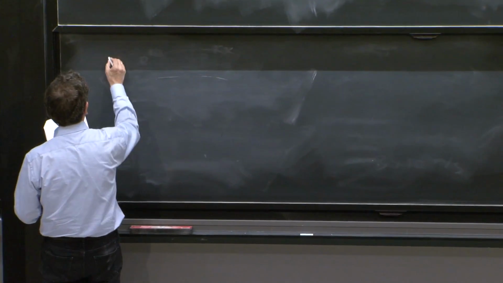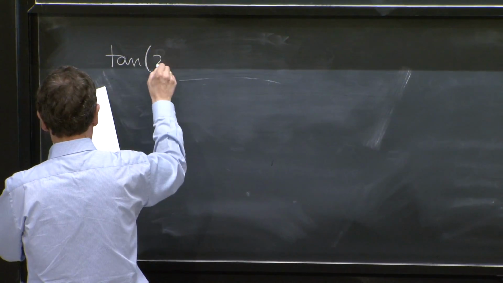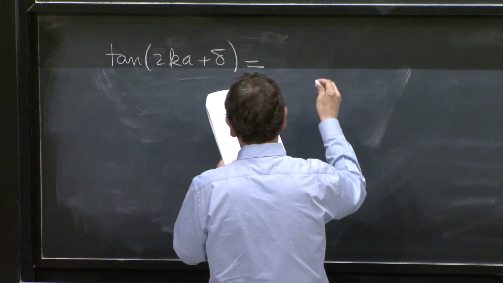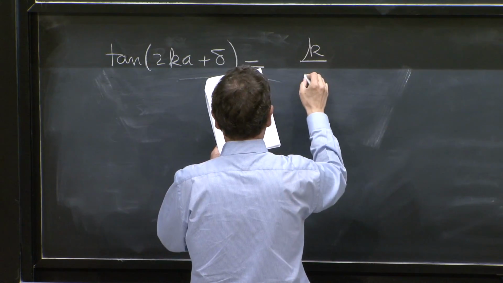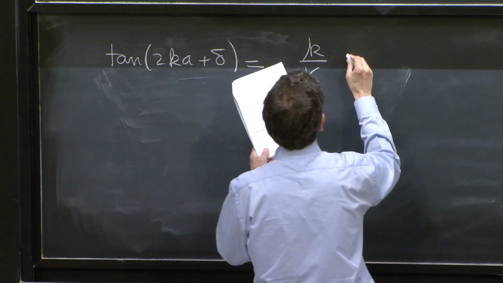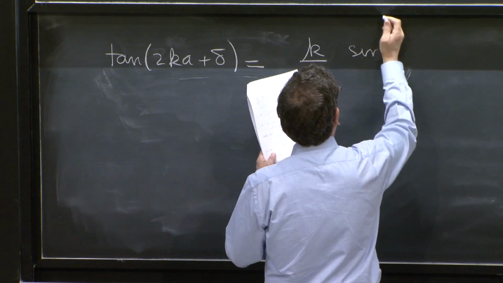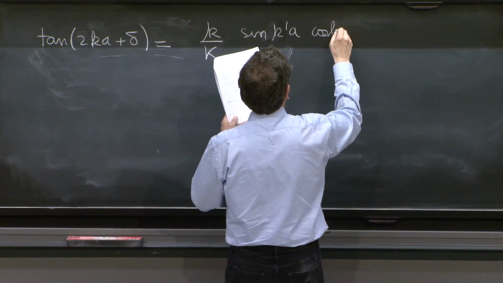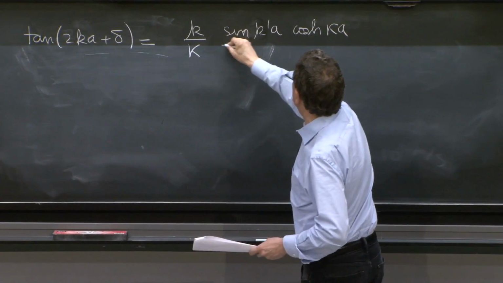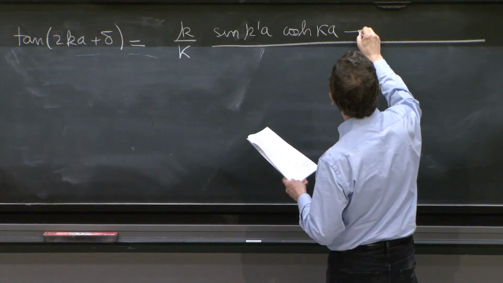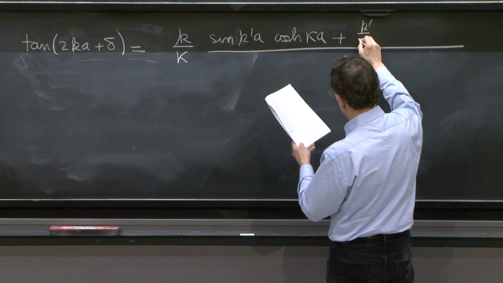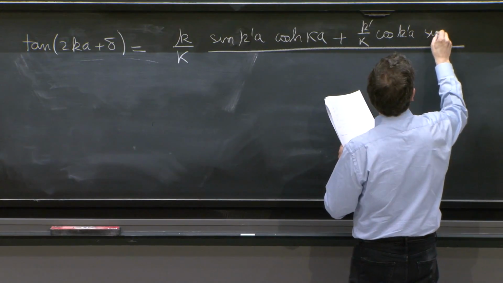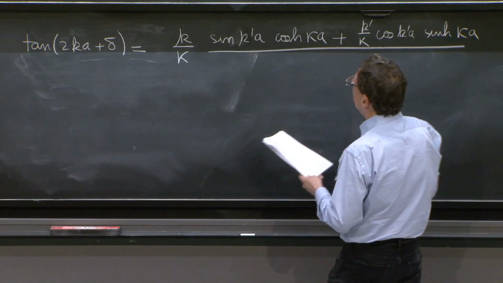This is the answer: tan of 2ka plus delta. It's a little messy, no wonder. I just plotted these functions. Sine k prime a cos kappa a, a ratio, plus k prime over kappa cos k prime a sinh kappa a.